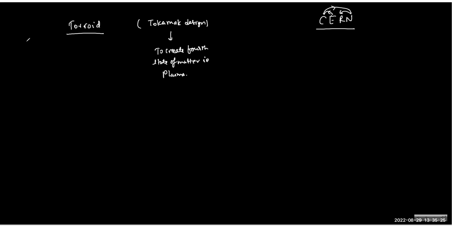In the CERN lab, they have designed a roughly 27-kilometer perimeter toroid inside the Earth. That's the biggest tunnel on Earth, and now they are creating a 100-kilometer perimeter toroid. That's the biggest, most ambitious project in the world.